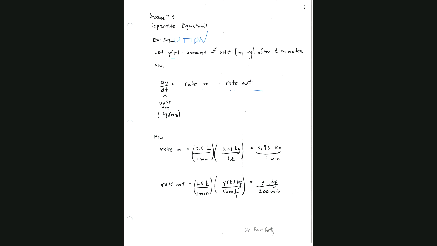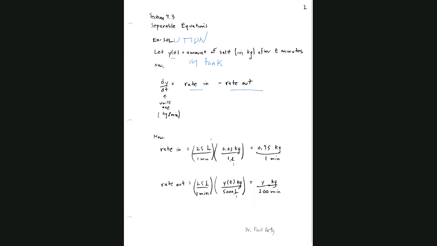We define y of t to be the amount of salt, and I should add here the words in the tank. That's what y of t is. But the concentration would be the salt amount divided by 5,000 liters, because that's how big the tank is.